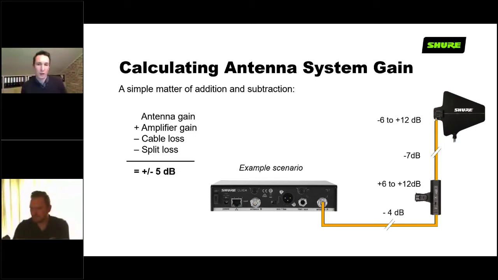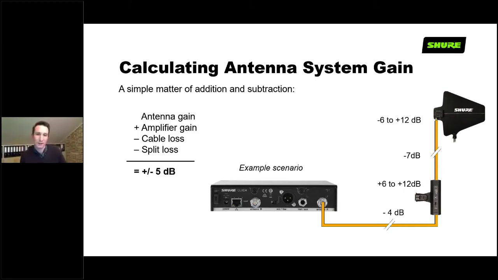So what we've got here is basically an antenna which can be gained from -6 to +12 dB. Behind it, we've got a 7 dB cable loss. So at that point I'm going to select a +6 setting on my antenna, so I end up at a -1 dB loss at the entry of my line amplifier.